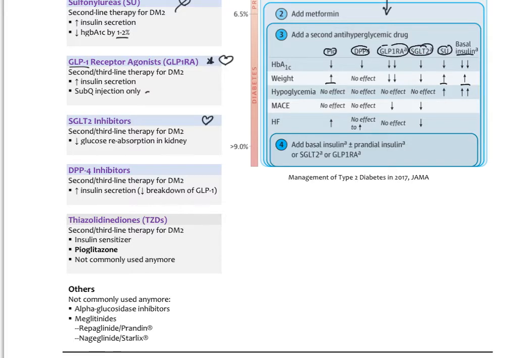That's not a good thing. But the SGLT2s, GLP-1s, and so forth do not actually increase body weight. So that's a good thing. And then hypoglycemia: the sulfonylureas and basal insulin are the two agents that we really associate with hypoglycemic episodes.